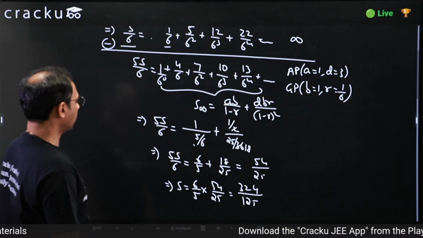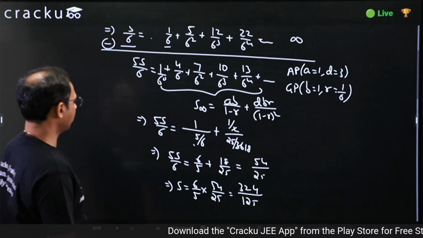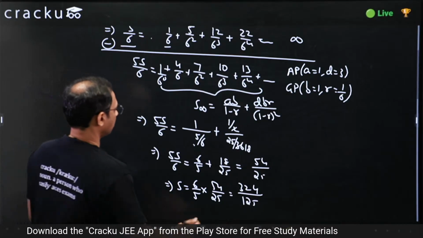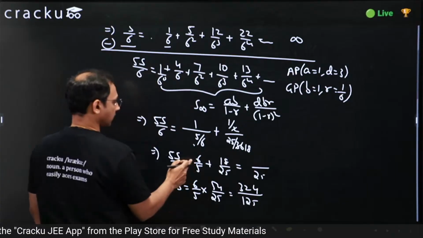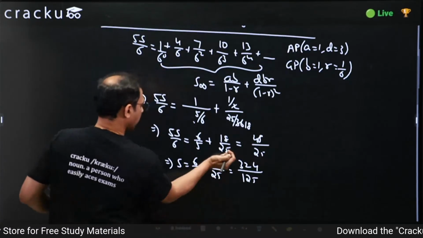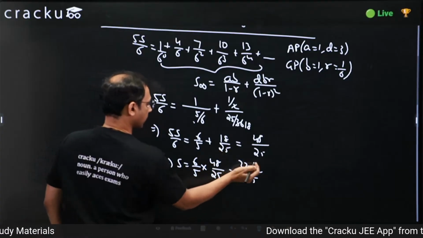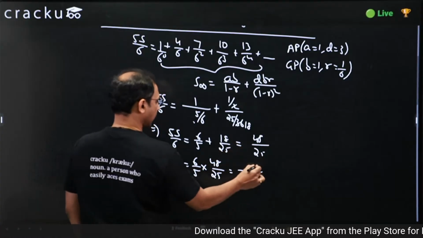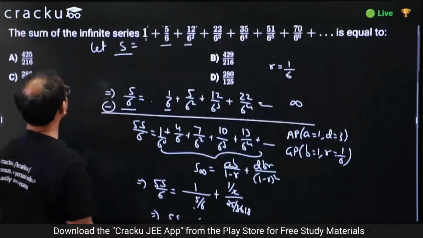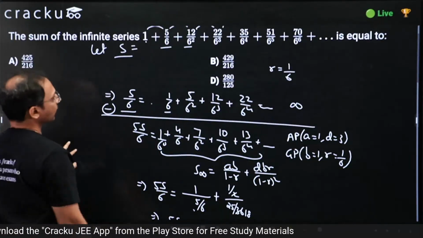So 18 by 25 plus 6 by 5, correct. 30, sorry. This is 30. I'm multiplying by 5. 30 plus 18 is 48. So here I'll get 48. So 48 into 6, I get 4, 24, 288 by 125. So third option is the correct answer.